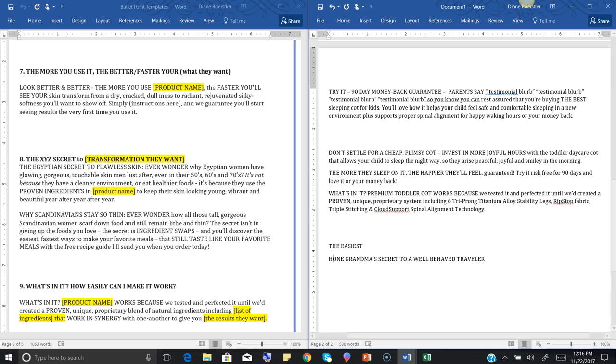Let's see here. Better behavior. Guaranteed. Better rest guaranteed. Grandma's secret to a well-behaved traveler. Okay, let's see here. It's great because it's a benefit, but all smiles, no tantrums. Okay, one grandma's secret to a well-behaved traveler.